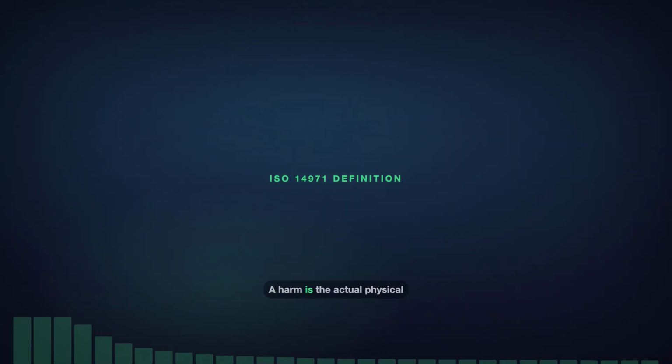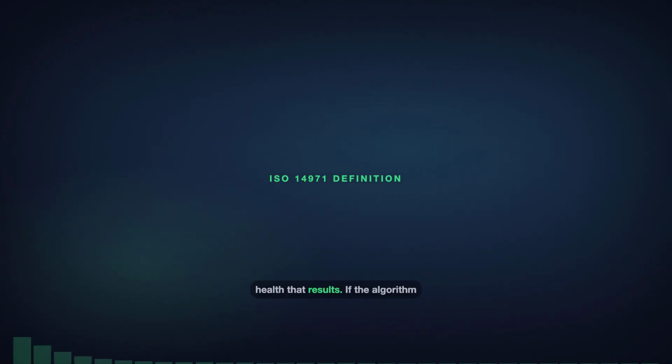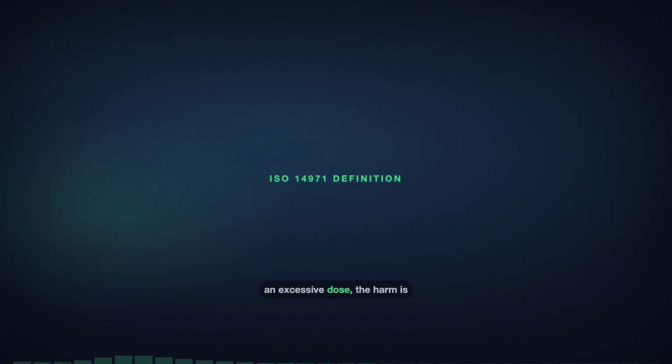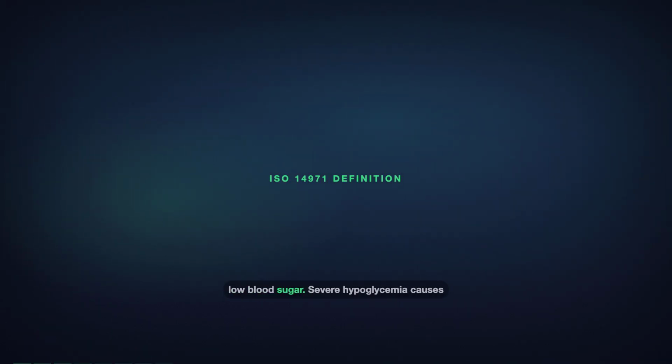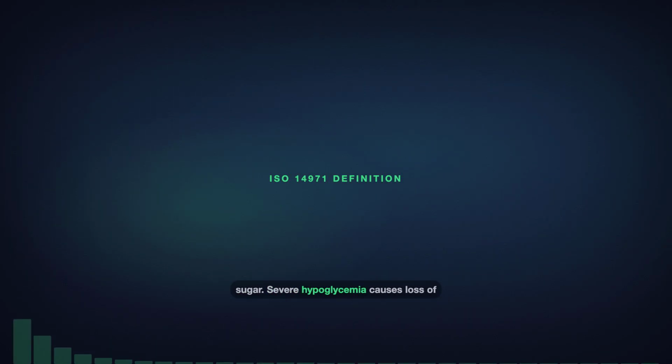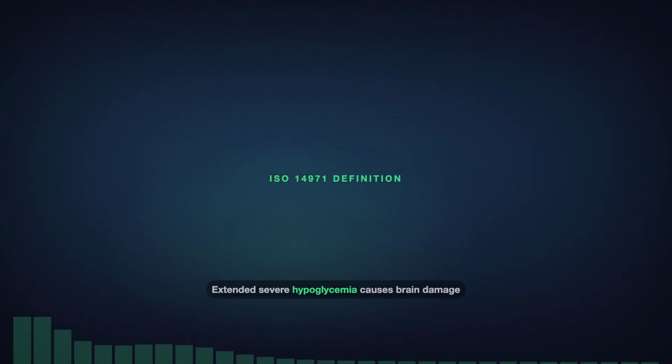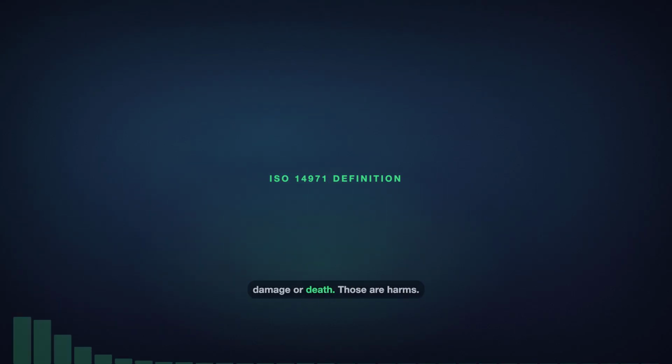A harm is the actual physical injury or damage to health that results. If the algorithm produces a wrong output and the patient receives an excessive dose, the harm is hypoglycemia, low blood sugar. Severe hypoglycemia causes loss of consciousness. Extended severe hypoglycemia causes brain damage or death.